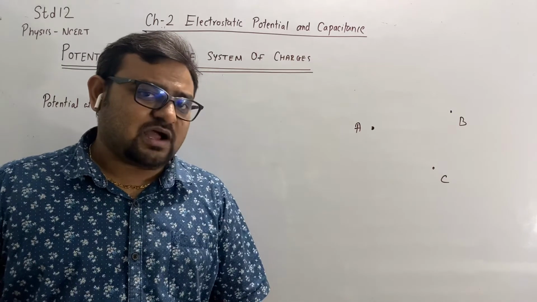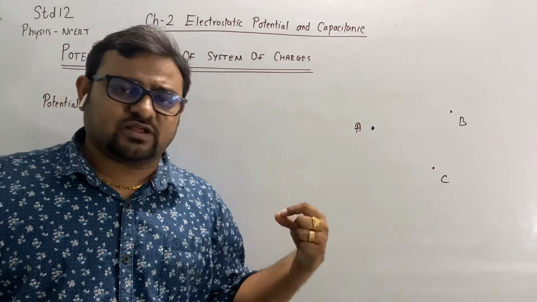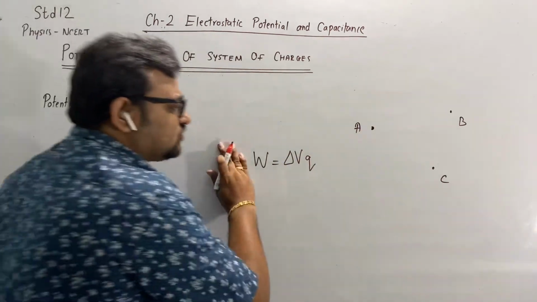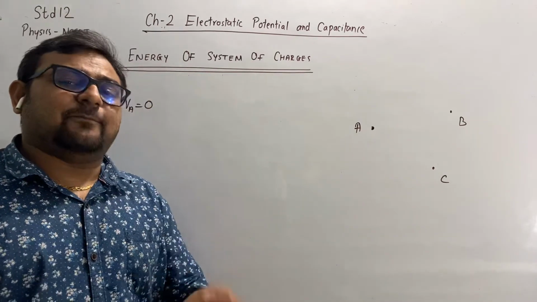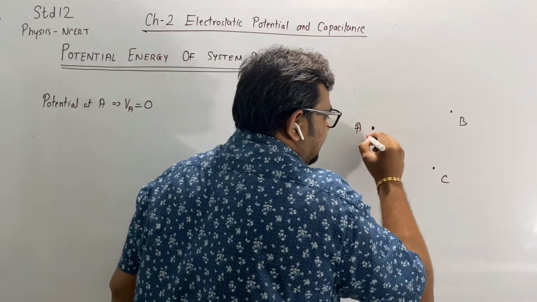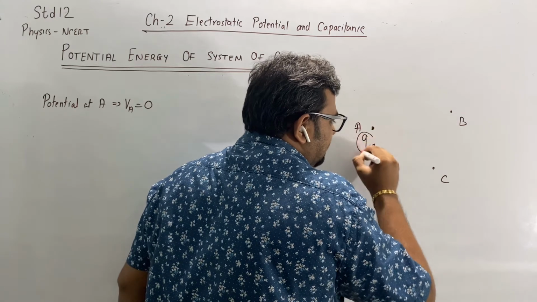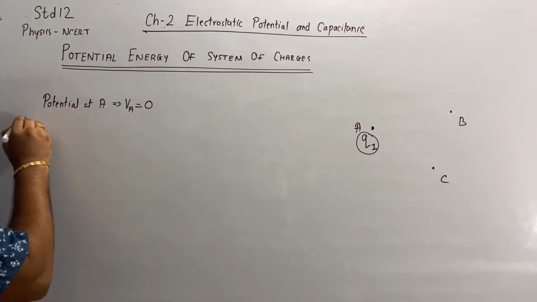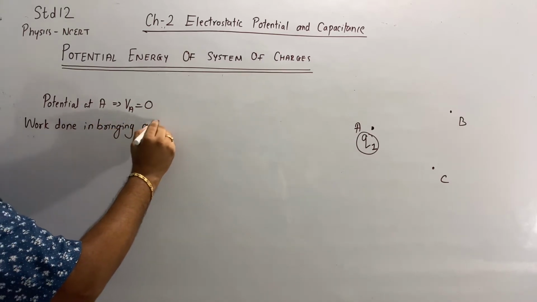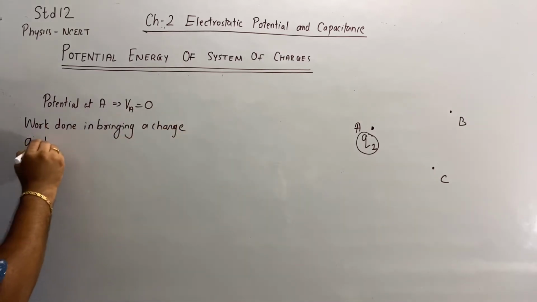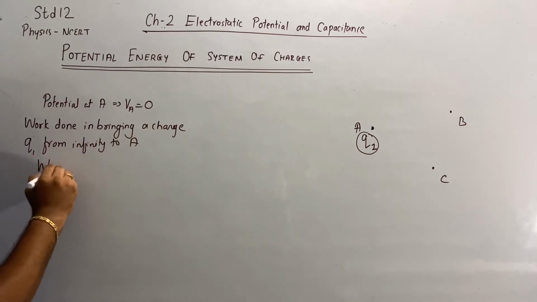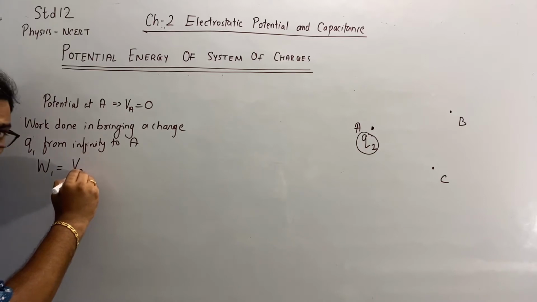We have already studied the formula: work done in bringing a charge from one point to another is equal to delta V times Q, or I will write VQ. Now we are bringing a charge Q1 from infinity to this point A. So work done in bringing a charge Q1 from infinity to A, W1, will be equal to potential at A into Q1.